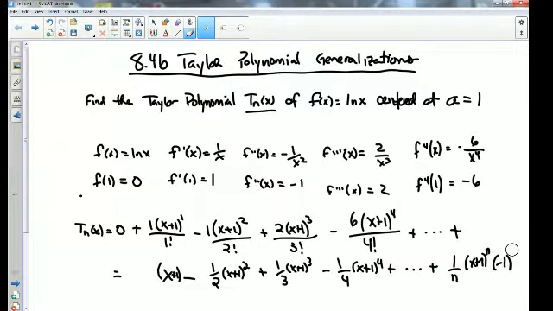It's not 2n. So the first term would be squared, the second term would be cubed. Yeah, that works. We can do that. Well done.